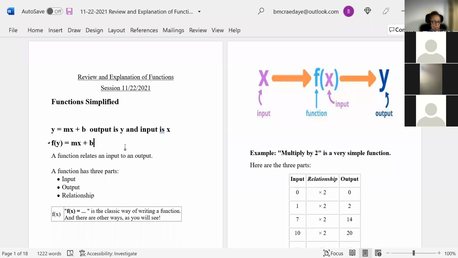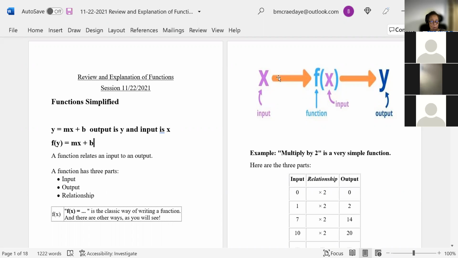So there are three things you must have in a function, and we have seen those before. We must have input, output, and a relationship. So input x, output y, and the relationship: they are related by multiplication and addition. m times x is multiplication, and then the addition of the constant.